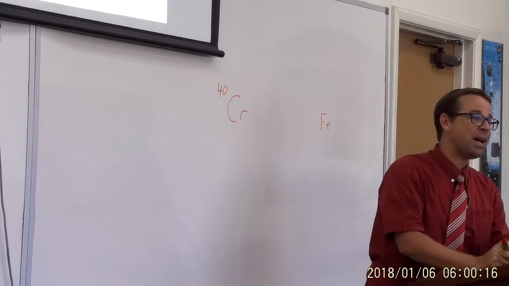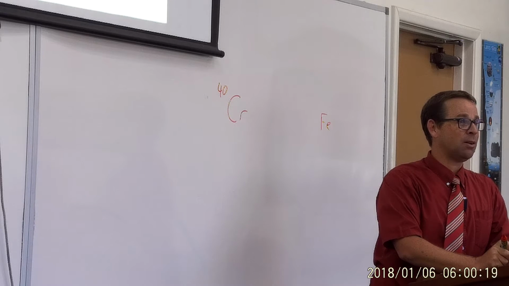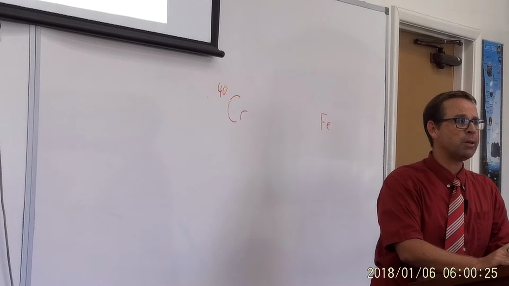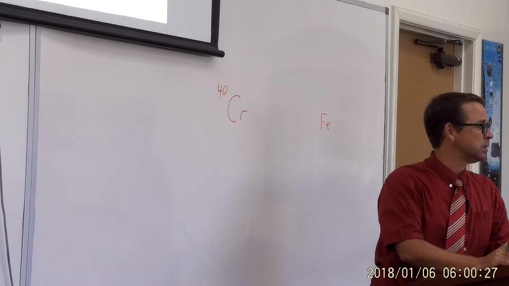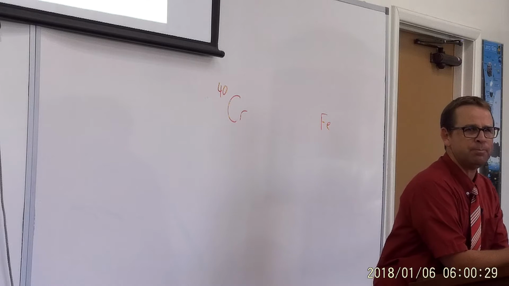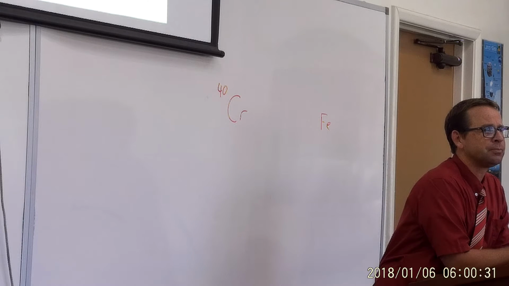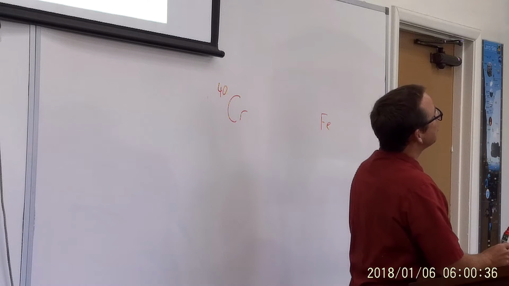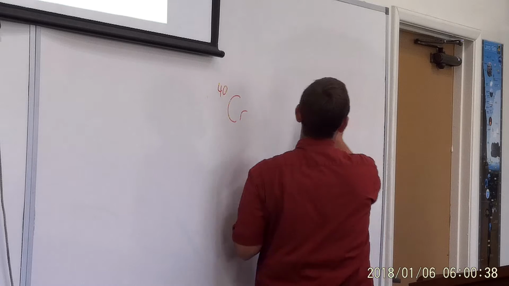Okay? Now that mass number isn't a whole number, right? So why isn't it a whole number? Anybody have any ideas? What contributes to the mass of the atom? Protons and neutrons.